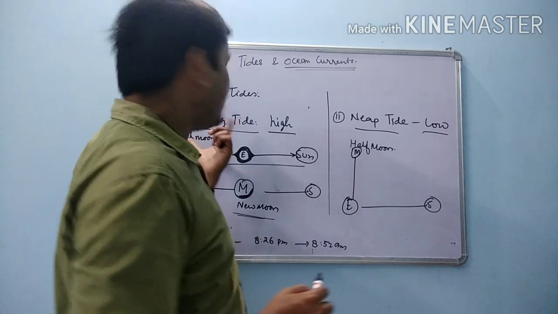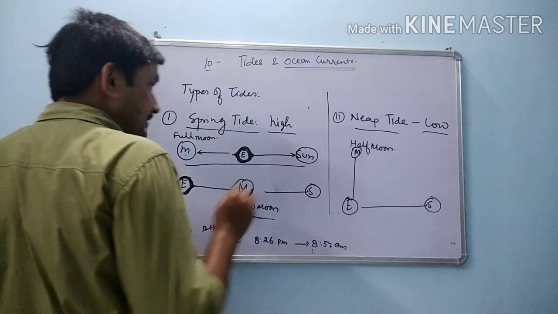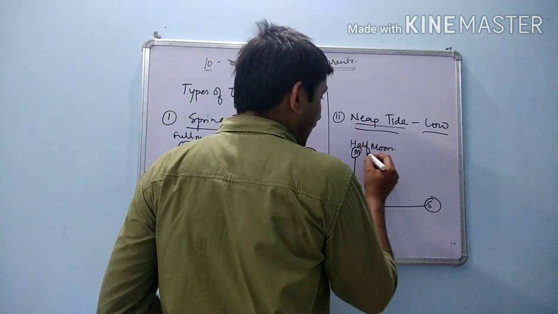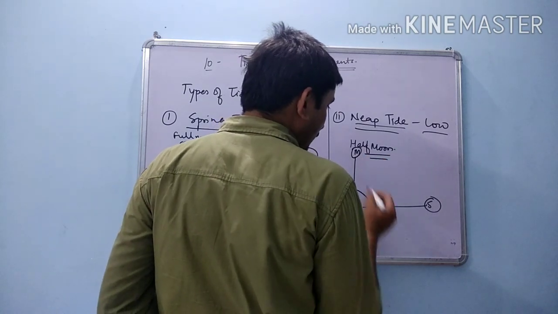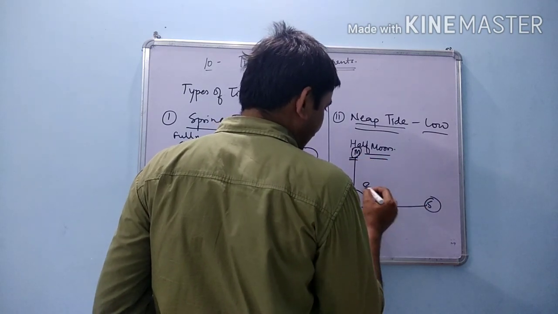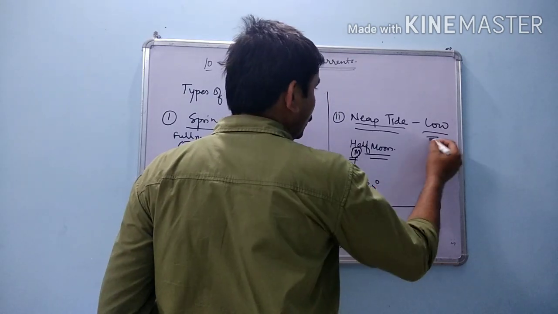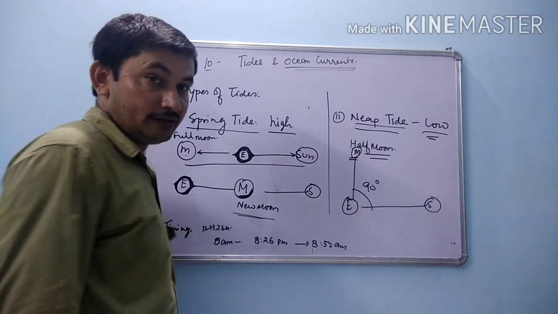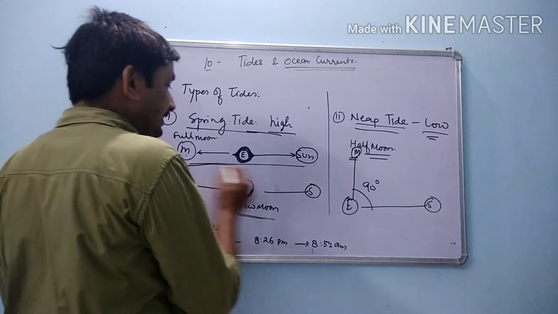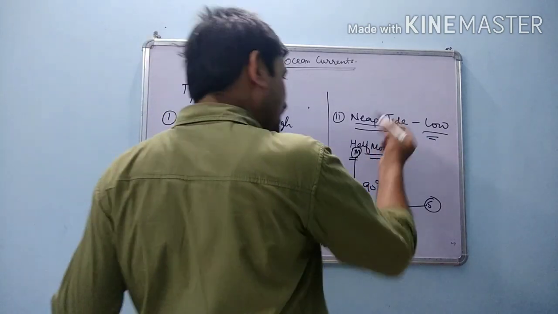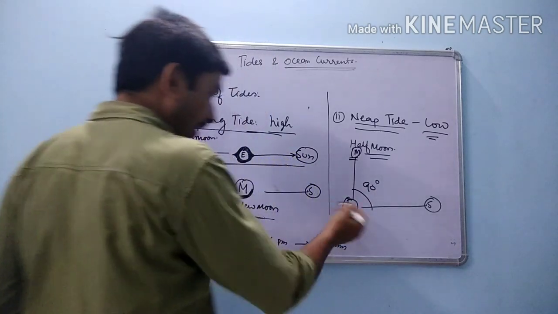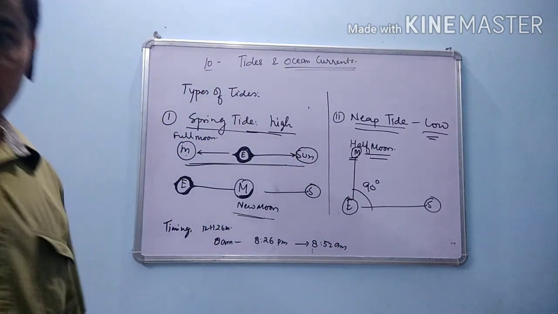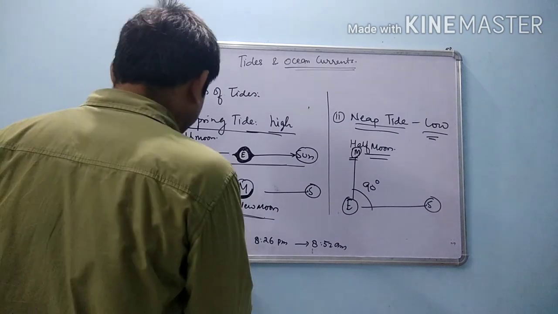These are spring tide conditions. Next, the neap tide: on half moon day, the earth makes a 90 degree angle with the moon and sun. It is a low tide or neap tide. For spring tide, 180 degrees; for neap, just half, 90 degrees.